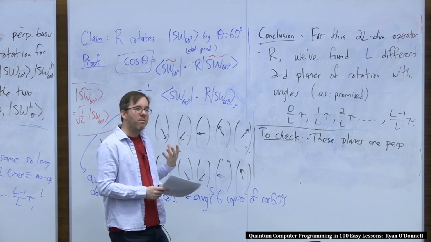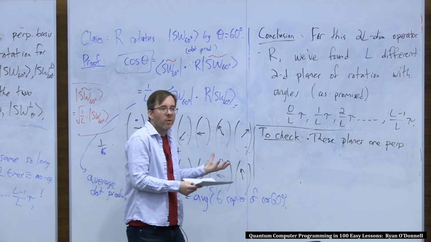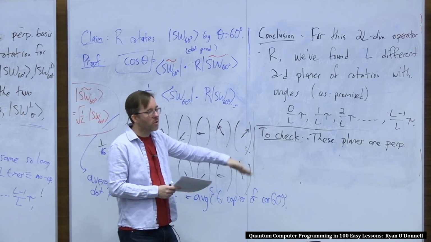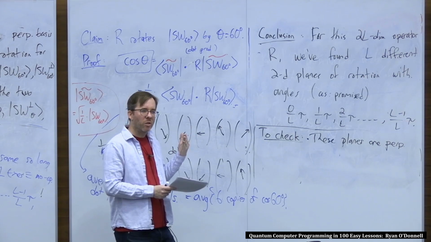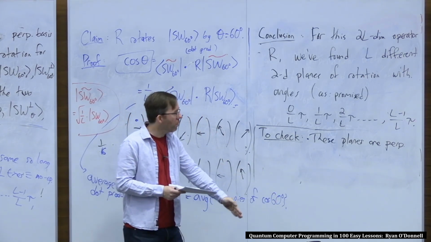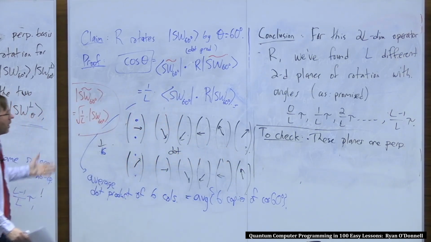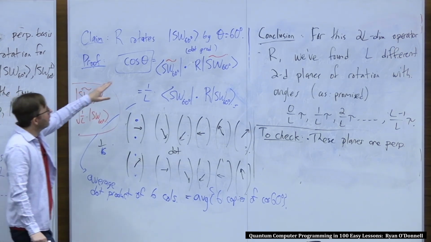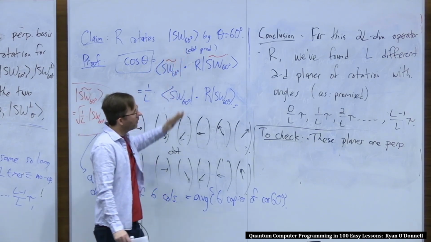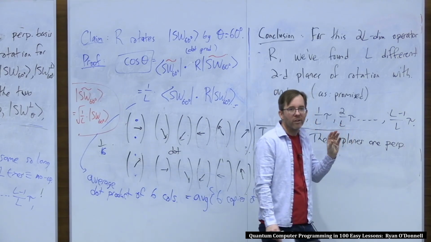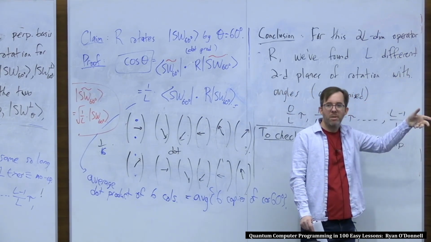And so the algorithm needs to be able to do a 90-degree rotation in whatever plane this vector is rotating in. And that seemed difficult because we're like, what if we don't even know the plane? How are we going to do this offset rotation of 90 degrees if we don't even know the plane? But in this beautiful setup, we can easily fix this glitch because no matter which of these SW states we're in, the algorithm itself knows how to do a rotation by 90 degrees to the state because it just has to do it on the B qubit.